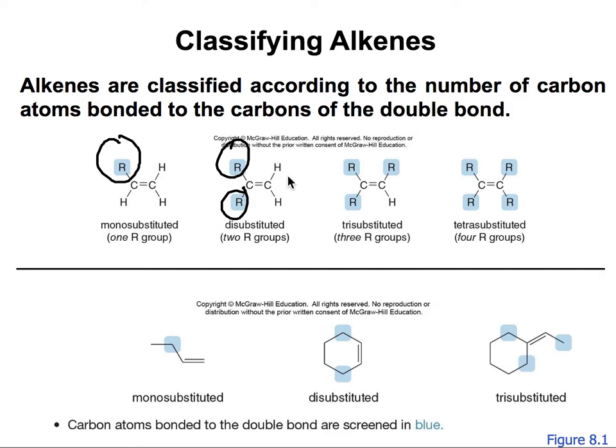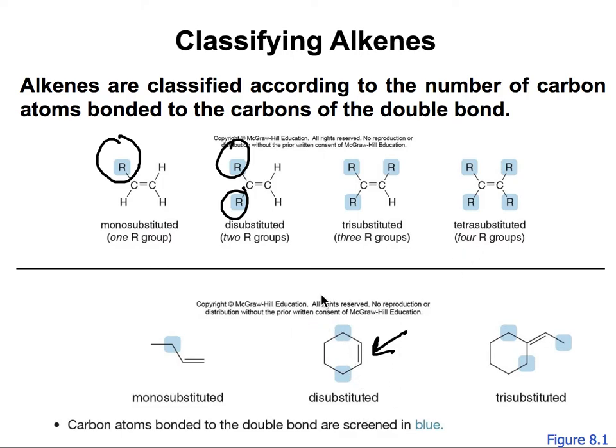So remember that these are simple alkenes, they are open, but we can see cases like this disubstituted one where you have two substituents. Another way of thinking about it is how many hydrogens are still connected to the double bond. So if you look at it, in the monosubstituted, there are still three, disubstituted two, trisubstituted there is one, and tetrasubstituted there is none.